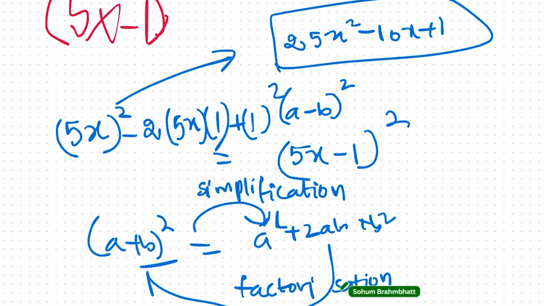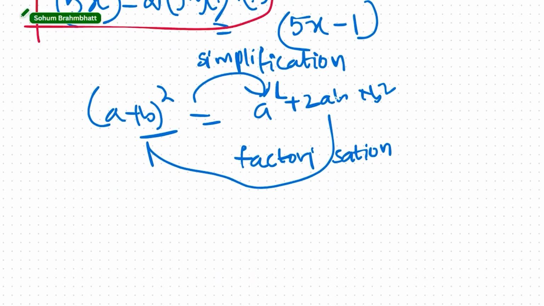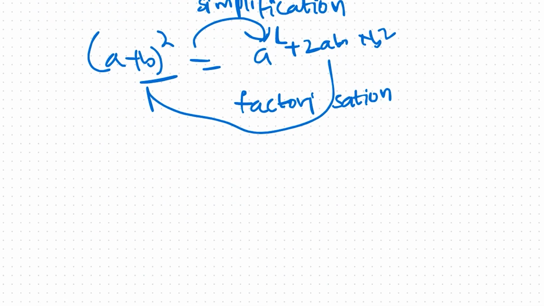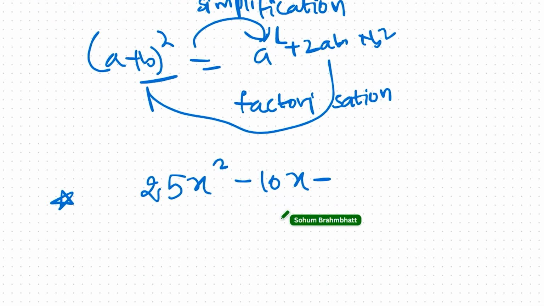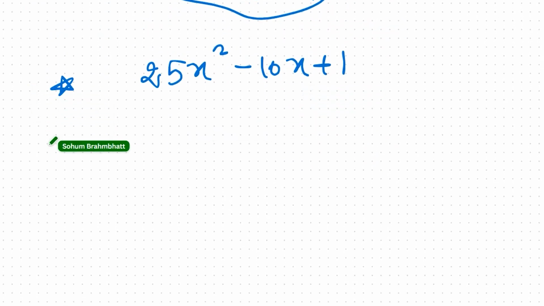Okay, can you just redo this part? Scroll down. 25x square minus 10x plus 1, right? Just by observing 25, what is the first thing that comes to mind?